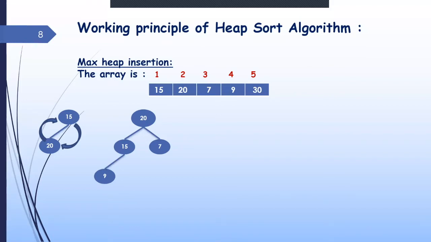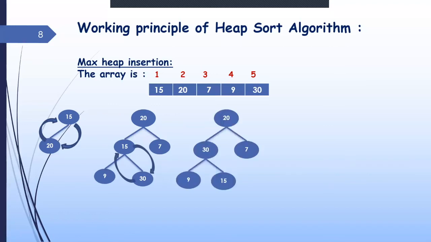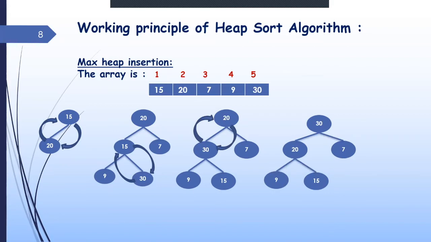Yes. And the last element 30, insert on 15's right side and check 15 is greater than 30. No. So swap and see. Now check 20 is greater than 30. No. Again swap and see. Now see every parent is greater than its child and this is the max heap.